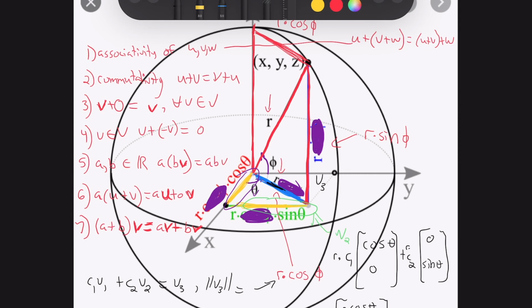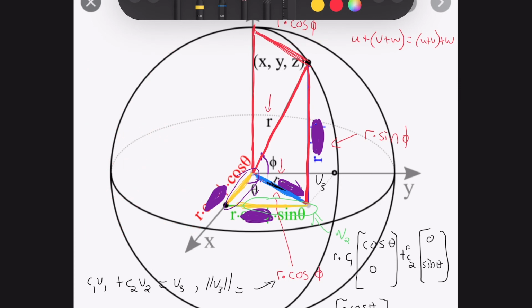Where was I? Okay, so I'm running out of room here. To get the magnitude of that, we were saying that the magnitude was equal to R cosine phi based on the projection. So we're saying that that should be equivalent to, oh, there we go. There's the R that we're dividing out of our system. That's what I was tripping up about. We're dividing the R out of our system.